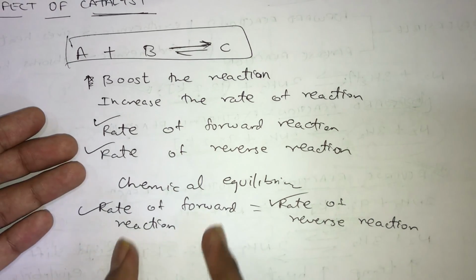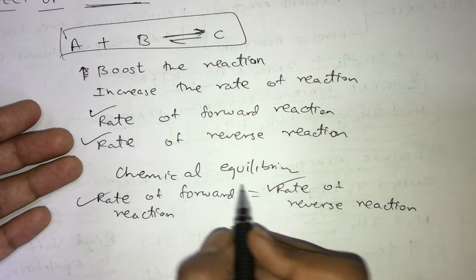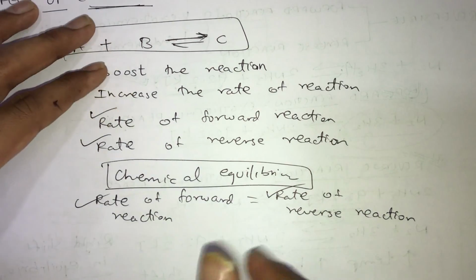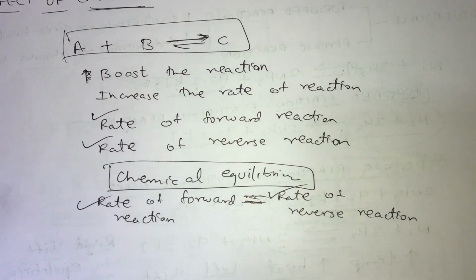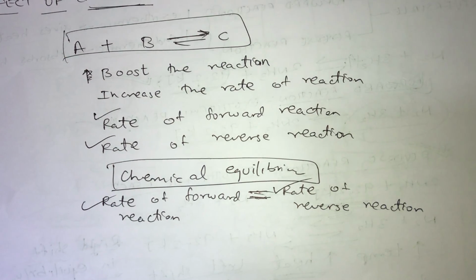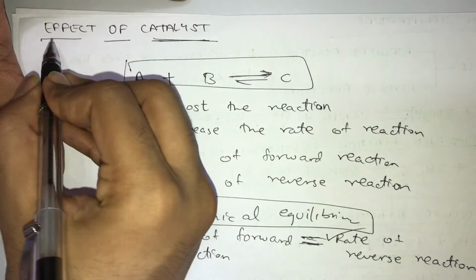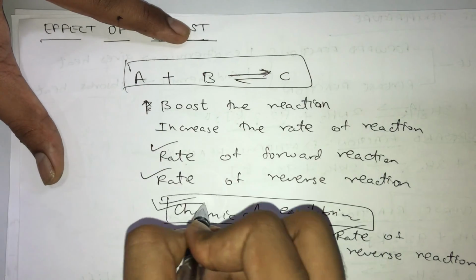So here both the rates are increasing, which means that the chemical equilibrium is going to remain stable, and both rates are also going to be equal because they both are increased in the same quantity. So here we conclude that there will be no effect of catalyst on the chemical equilibrium.